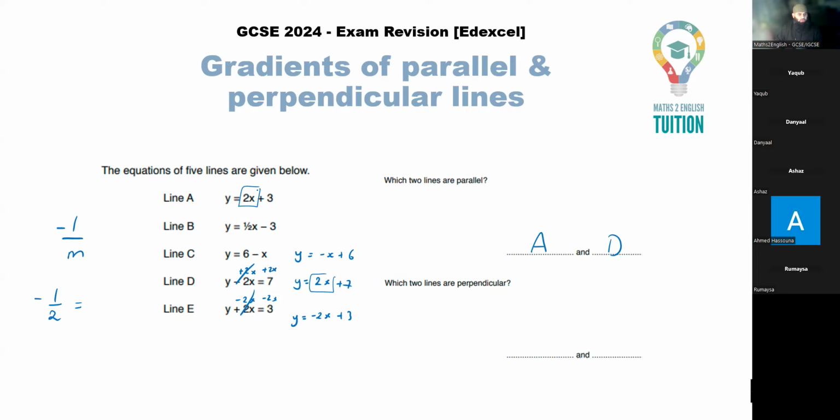So if I do minus a half, that's going to flip over and that's going to be minus 2. So I can say that this is perpendicular to this line, okay? So B and E, not C. B and E. These two are perpendicular lines. Okay, let's go to the next topic.